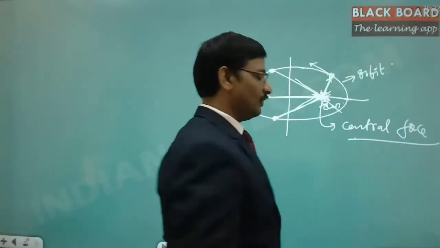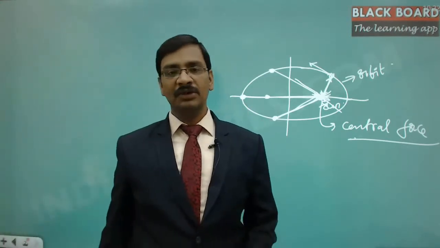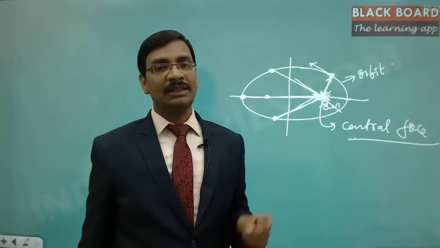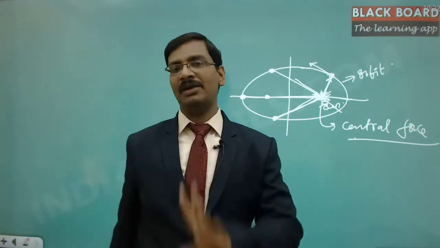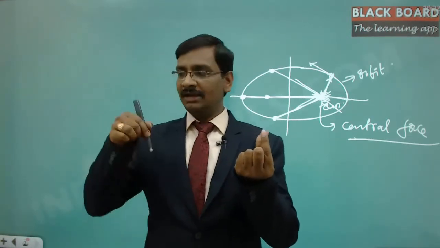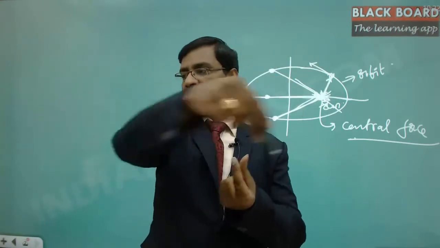So this is the central force. The motion under central forces has certain rules. If there is a central force, we can be sure that the particle always moves in a plane. Suppose this is the sun and this is the earth, moving in an elliptical path like this.